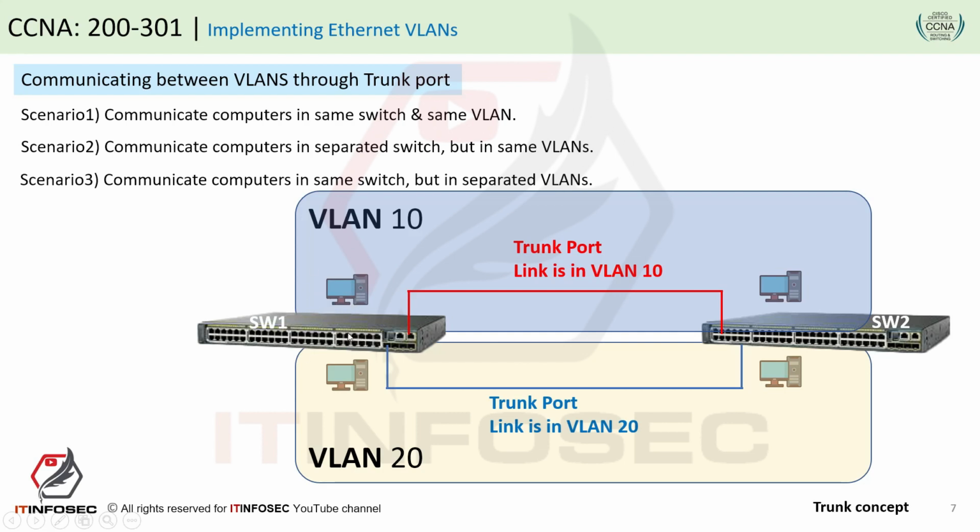We'll consider this scenario completely in the next video, because it needs a router for communication between the various VLANs that are on the same switch. Traffic should pass through the router and come back to the switch and go to the next VLAN. This is not for this video.